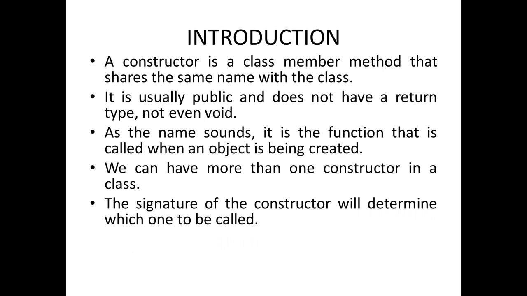So when do we have more than one constructor in a class? How does the code know which one to call? How does it know I want the first constructor or the second constructor, since all of them bear the same name? Alright, what differentiates them is the signature. The signature of the constructors differentiates one constructor from another.